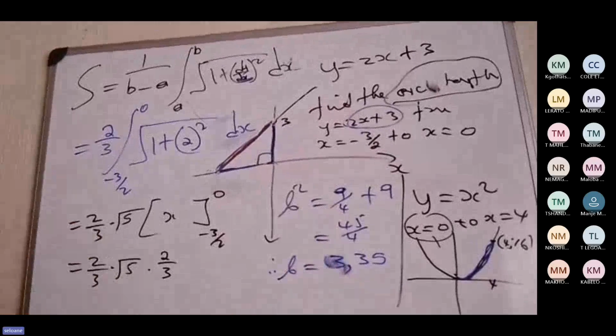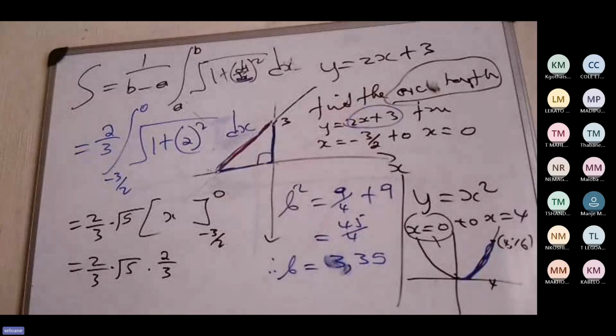Let's check. What will be the answer here? It will simply be 4 the square root of 5 all over 9. What is the answer? No. Why is it not the same? Is there anything that we didn't do properly?